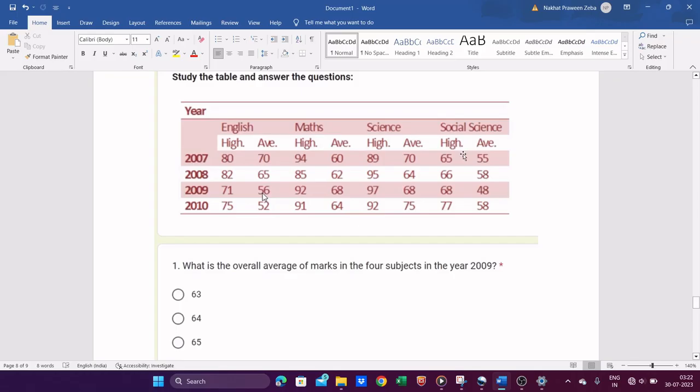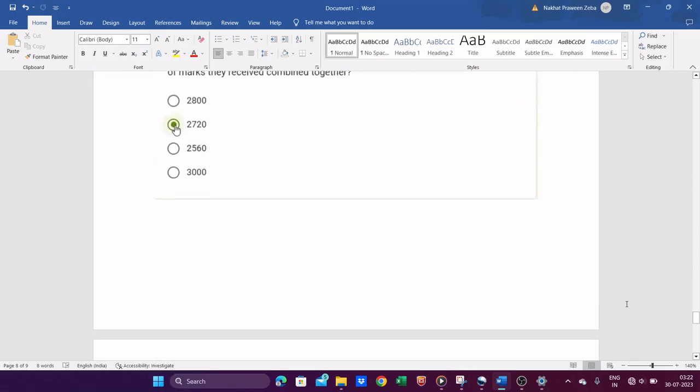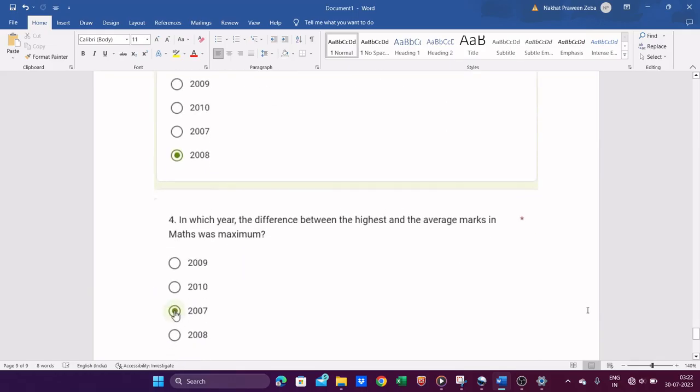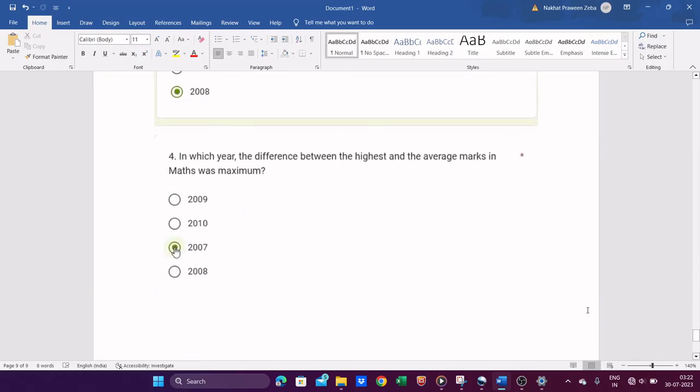So in 2007, 65 minus 55 will be 10, 66 minus 58 will be 2, and again if you calculate, 68 minus 48 will be greater than this 2, 77 minus 58 will also be greater than this 2, and they are asking in which year is the least difference. So 66 minus 58, which is 2, so the answer will be 2008.